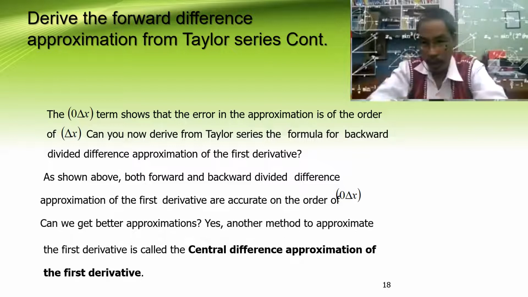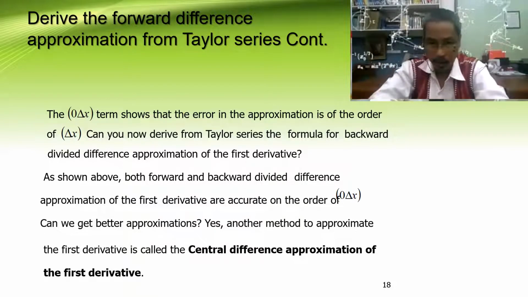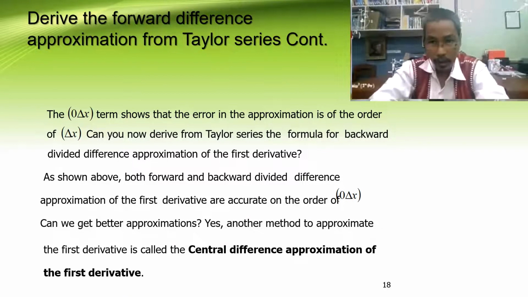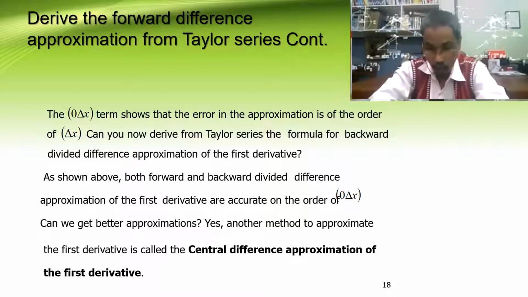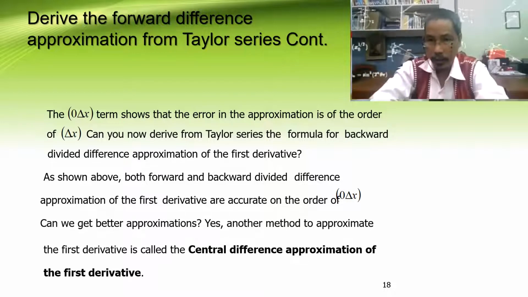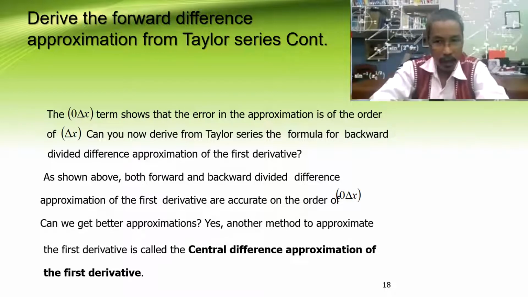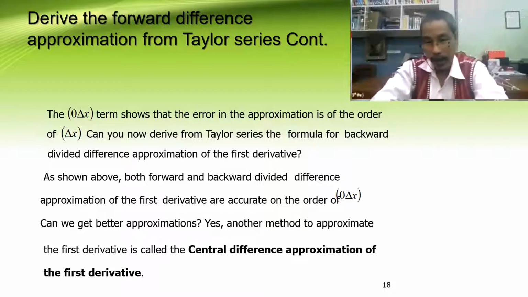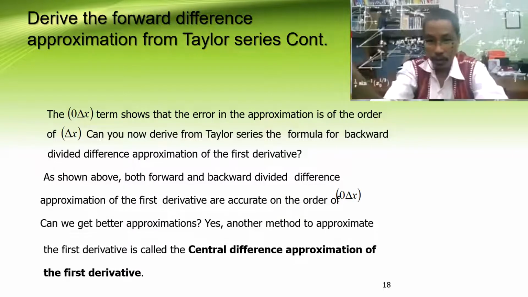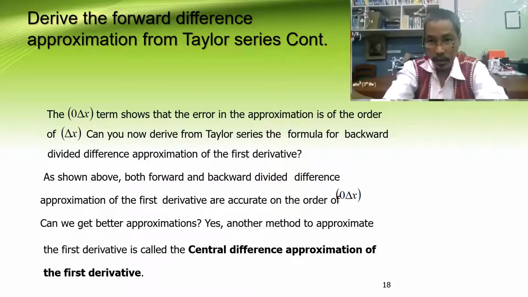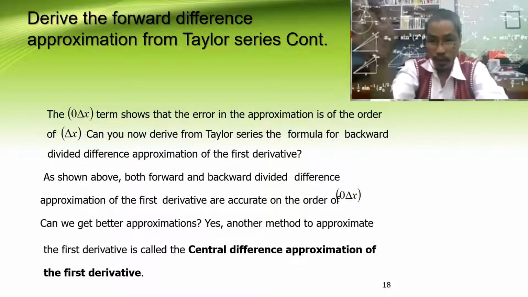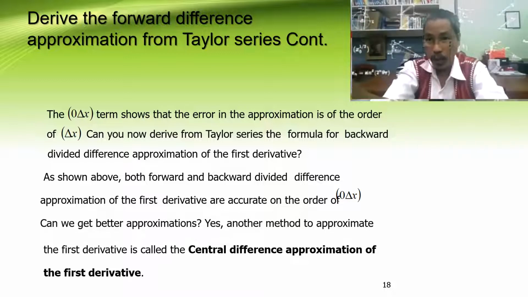In our previous examples, we chose delta x equal to 2 seconds, which is still a large value. You can choose delta x equal to 0.2 or 0.1 second. We already have a small error with delta x equal to 2 seconds, so imagine the accuracy when we choose 0.2 or 0.1 second.